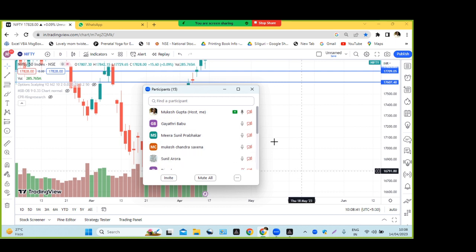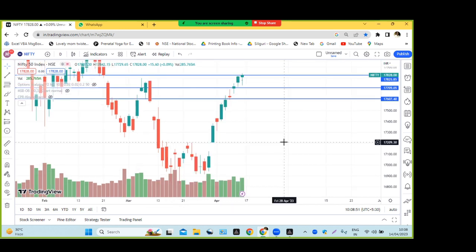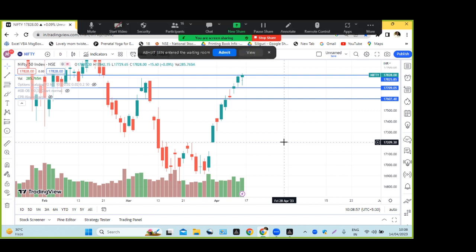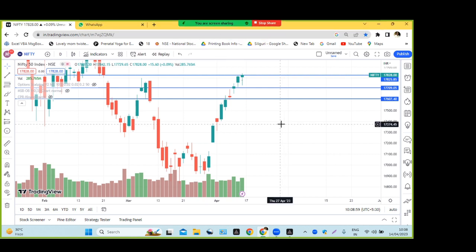Okay, thank you. So I was just saying that we have to understand which candle we should accept and which candle we should ignore. That is the key for success.